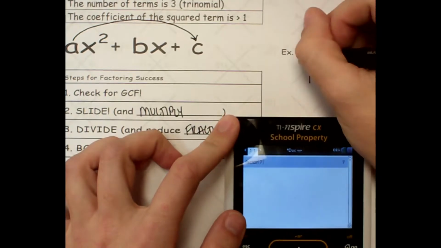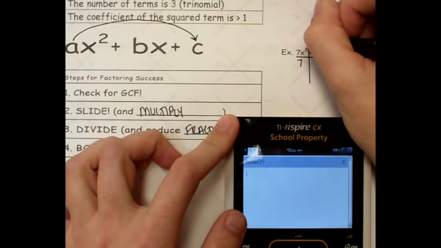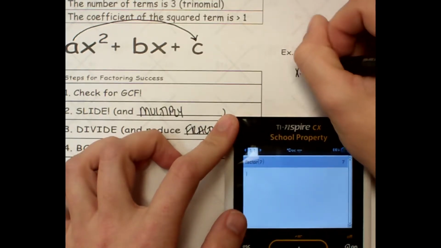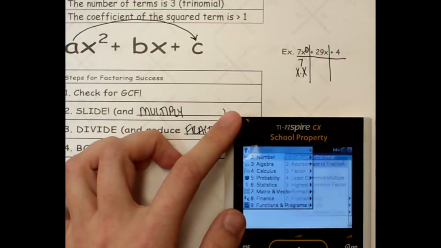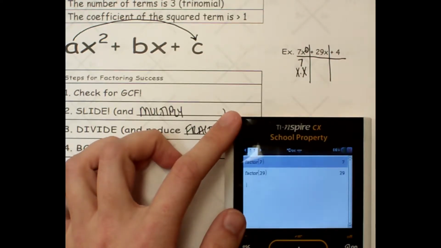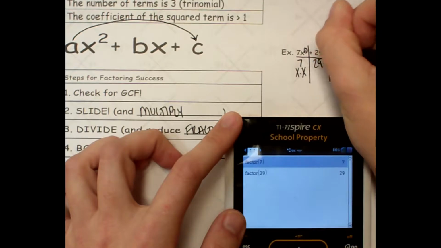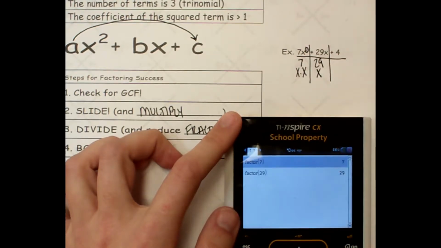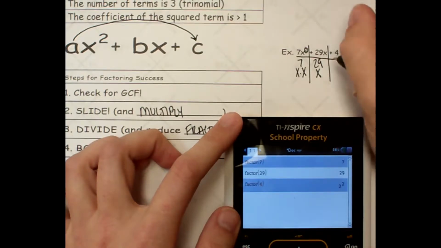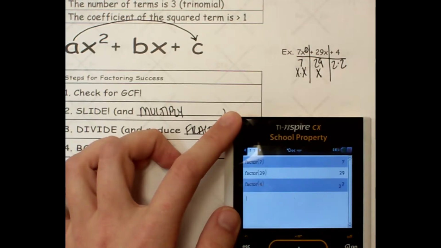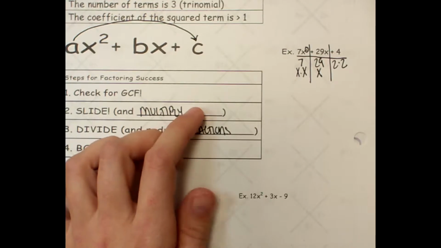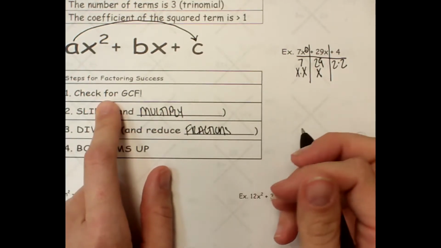It's 7, and then I have x squared, so that means I have 2 x's. For 29, it's just 29, and then I have 1x, and then find out the factors of 4. I get that it's 2 squared, so that means I have 2 times 2. So this one does not have a GCF, so we've done that.